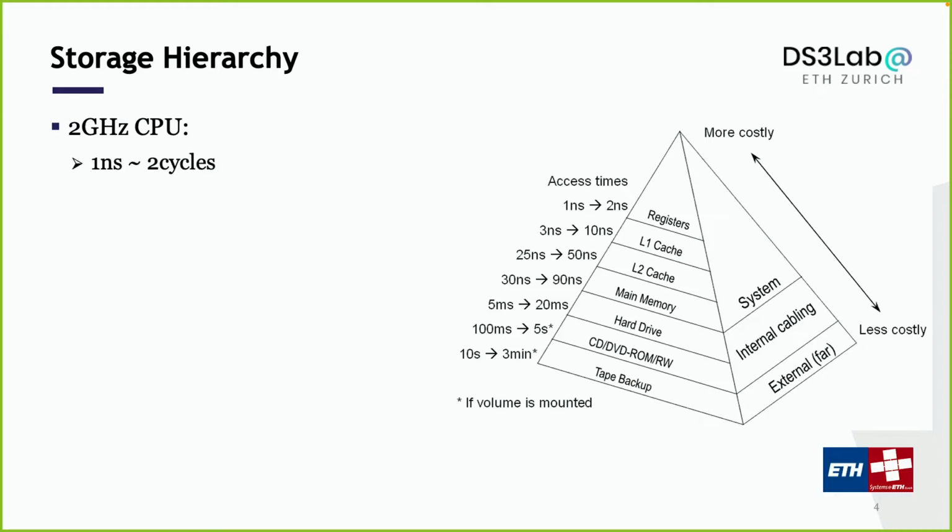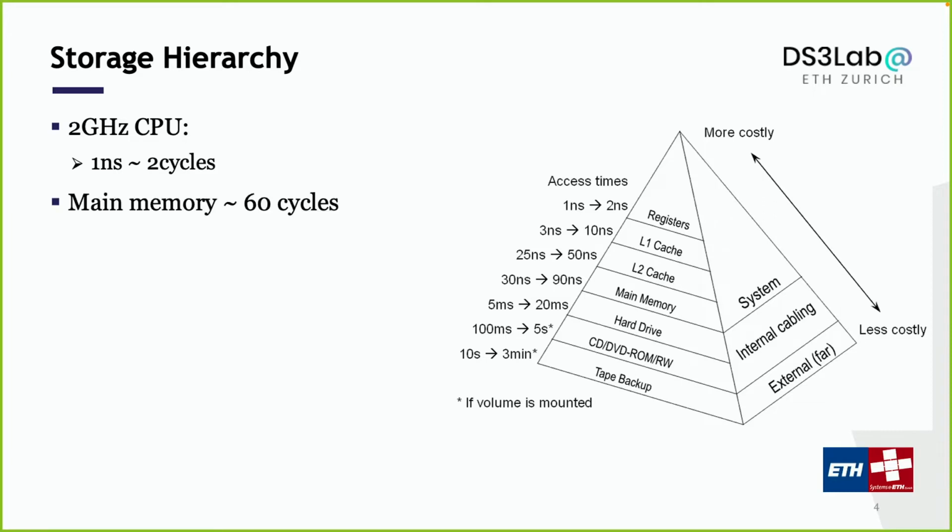At the top, there's your CPU, which can do things really fast. Every single nanosecond is a couple of CPU cycles, and for every single CPU cycle, it can do at least one operation. Often it can do even more, like 10 operations with SIMD. So it's a very fast processor at the top.